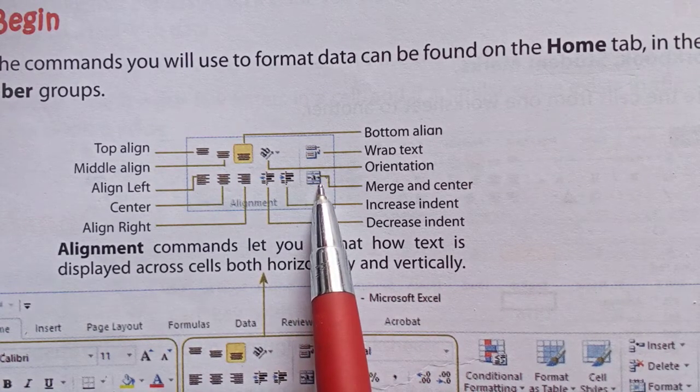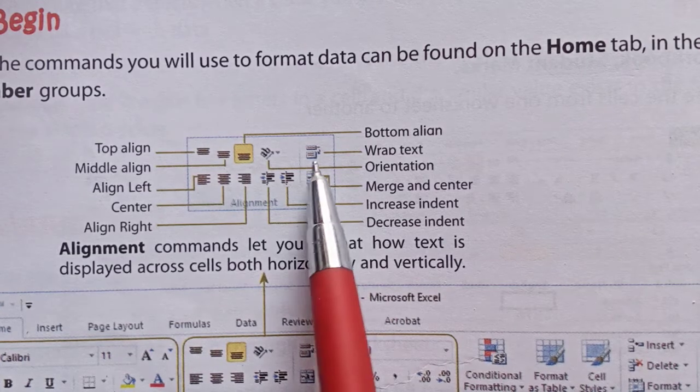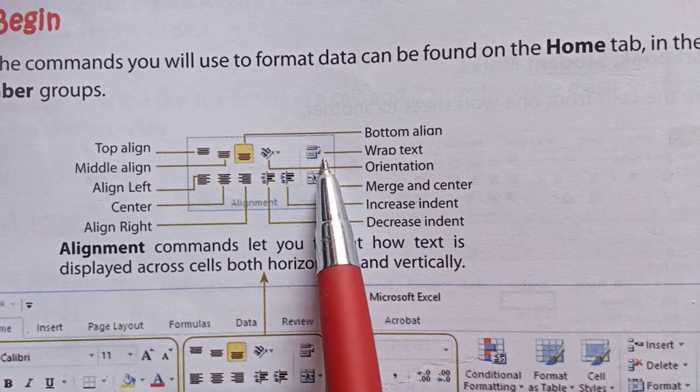Again we have the merge and center. In merge and center you can combine two or more cells and put the text in the middle of the merged cells. We have the wrap text feature. This wrap text will help us to put the text into the next line if it is not fitting in the single line.